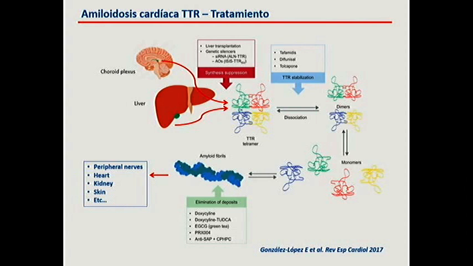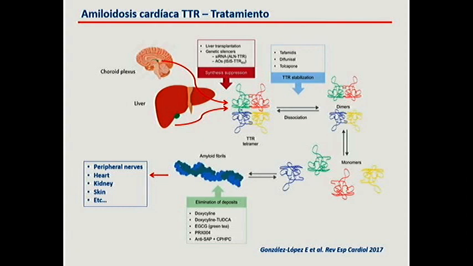If we want to diminish the production, then we can resort to two methods: either liver transplant, which is going to produce a young protein, to call it that way, with no possibility of a normal folding, or medication called genetic silencers, which counteract the phenotype that produces the misfolding of the protein.